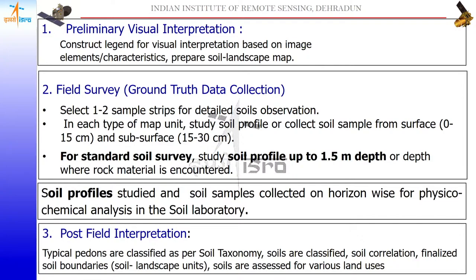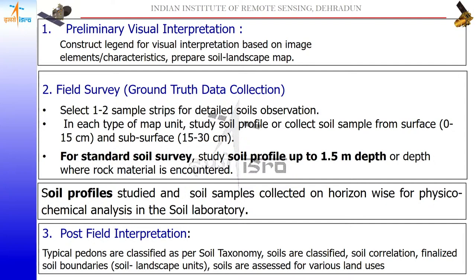So first you have to do the preliminary visual interpretation in the lab, in the office. Then you go for the field survey. We call it ground truth data collection, where you study one or two sample strips. If not profile studying, then you can take the samples from surface and subsurface.